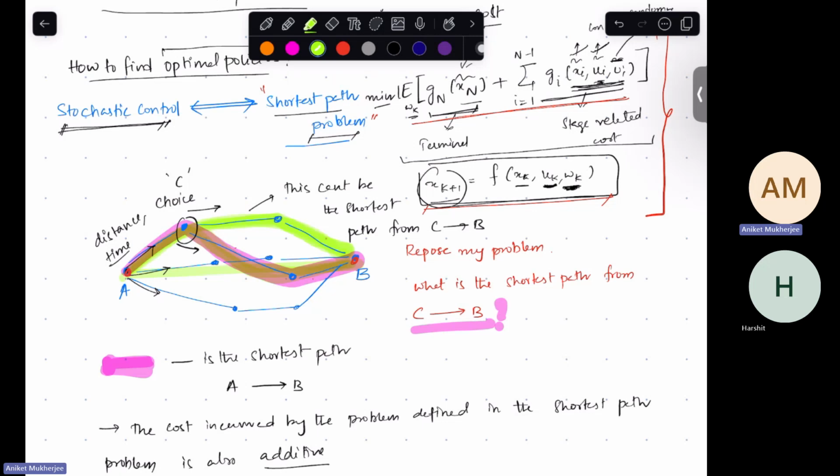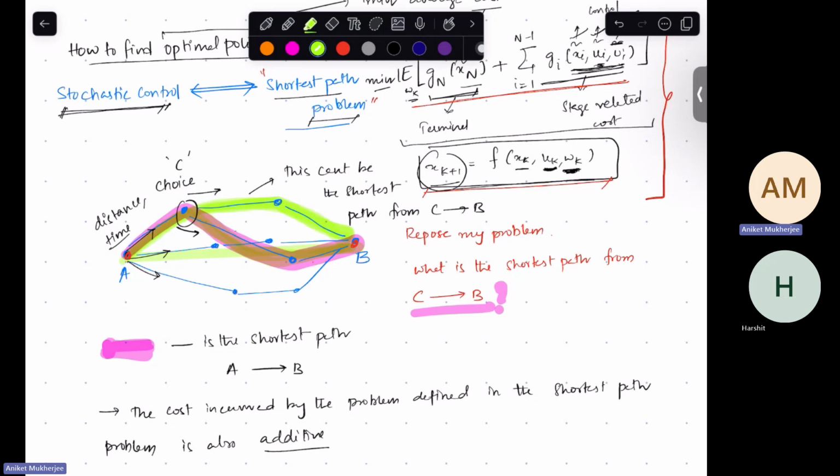Right. It can't be something new. It has to be from the original. It has to be a part of the original optimal solution. So we will actually use this to come up with the dynamic programming algorithm to find optimal policies for stochastic control.